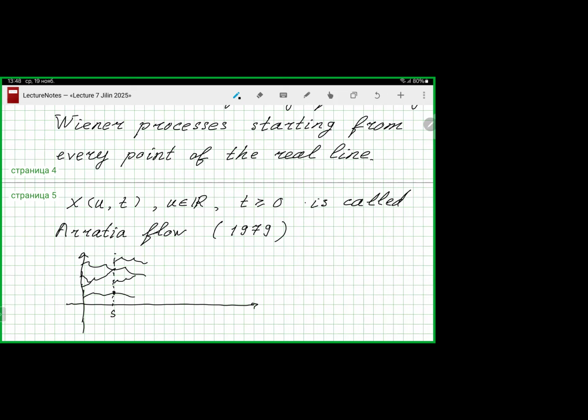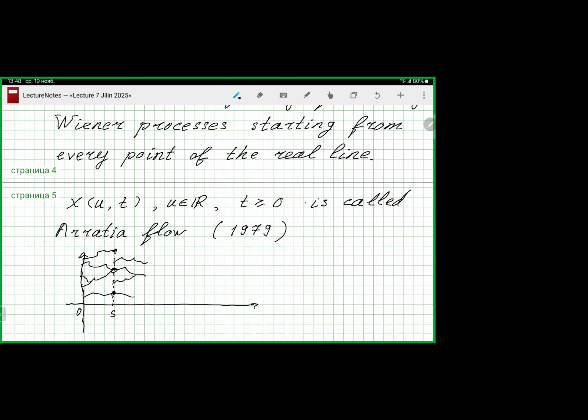So if we consider trajectories which start at time 0, then we have only a discrete set of different trajectories which intersect the time horizon s.